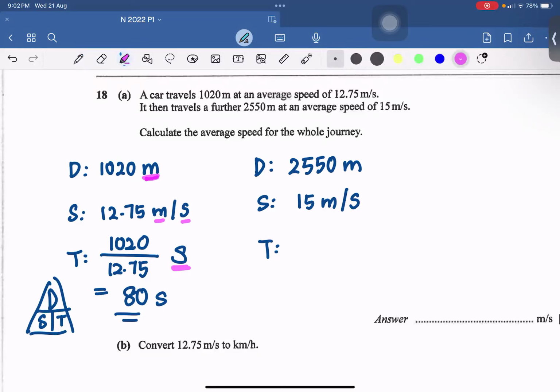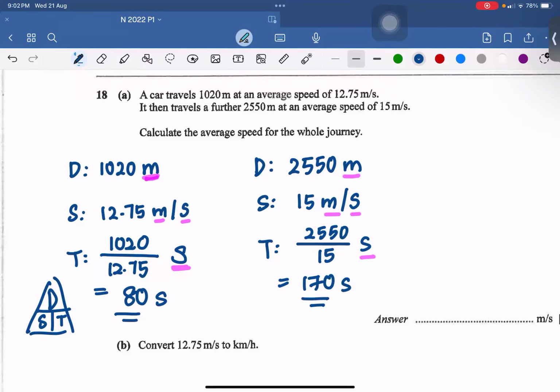Again, meters per second. What is the unit for time? Seconds. How to find time? Divide total distance by speed. 2550 divided by 15, I get 170 seconds.